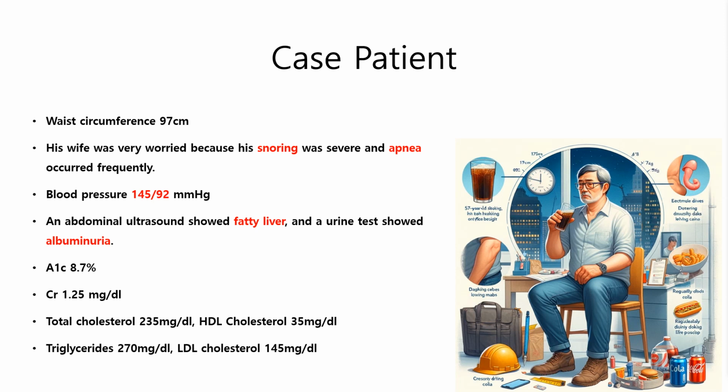His clinical assessments showed elevated blood pressure at 145, and laboratory tests indicate diabetes with an A1C level of 8.7%. Furthermore, he has signs of fatty liver on ultrasound and albuminuria.